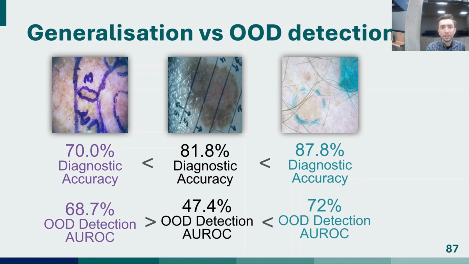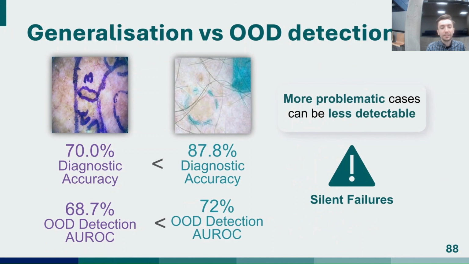However, looking at OOD detection results from a Mahalanobis score, we see that green is actually the most detectable, then purple, then black, breaking the correlation. This is problematic because in this case, more problematic cases where the model is incorrect are less detectable, which is what we call silent failures. So therefore we want to detect both similar and dissimilar OOD.